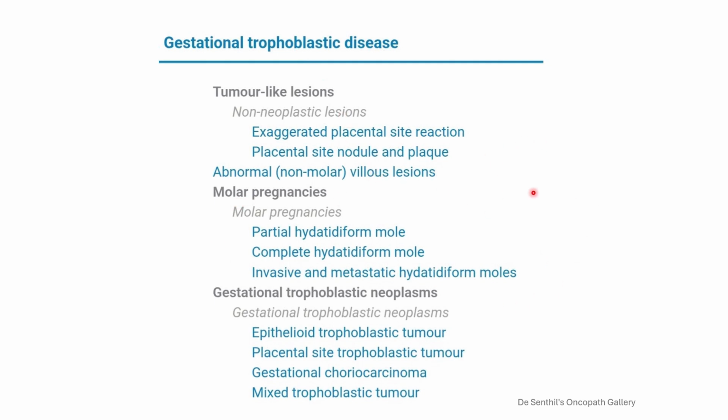Under molar pregnancies, we have a partial and complete mole, and another category which is invasive and metastatic mole. Under gestational trophoblastic neoplasms, we have epithelioid trophoblastic tumor, placental site trophoblastic tumor, gestational choriocarcinoma, and mixed tumors.